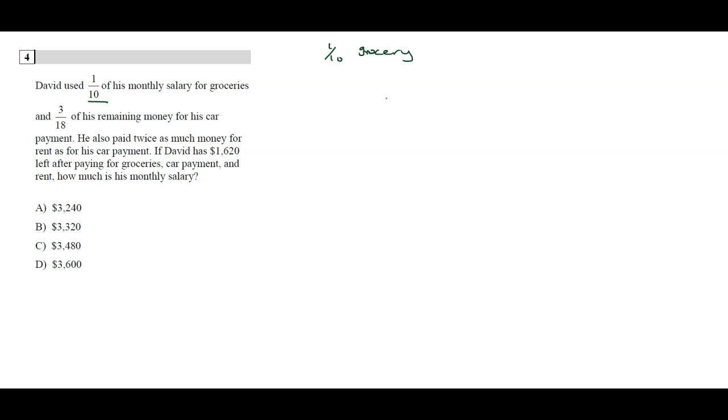What is left over is 9/10, after he bought the groceries. But they're saying it's 3/8 of this that he uses for car payment. So let's figure out what this gives us. This is going to give us 3/20 for car payments.